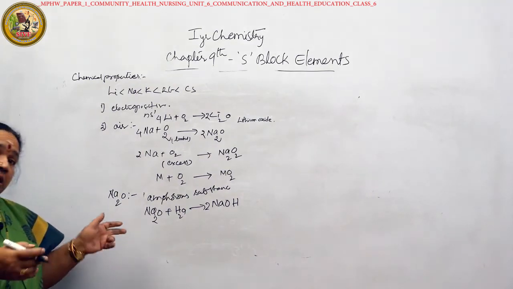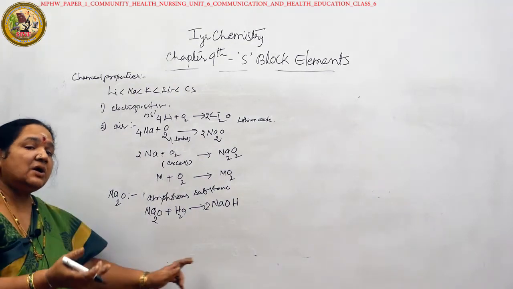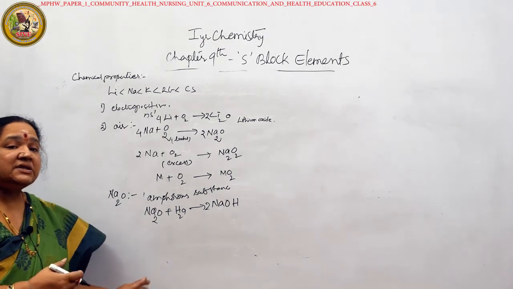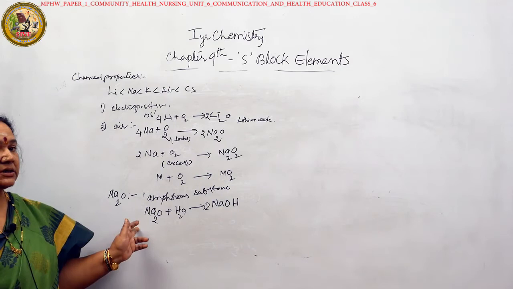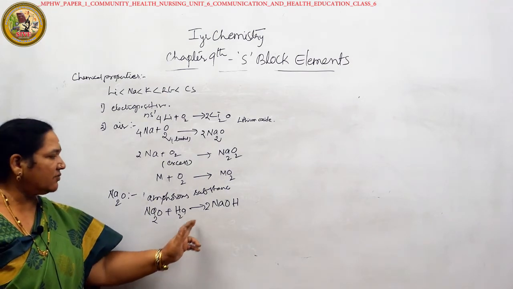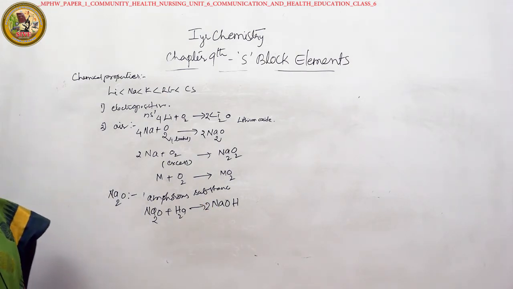That means alkali metal oxides are also basic in nature. That's why these are called alkali metals. So sodium oxide, when dissolved in water, forms sodium hydroxide.